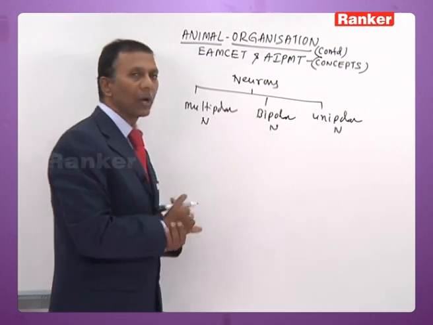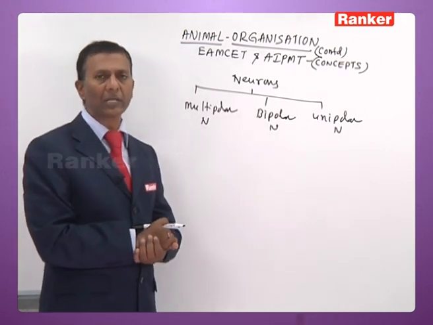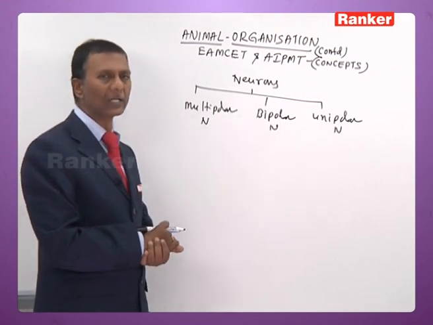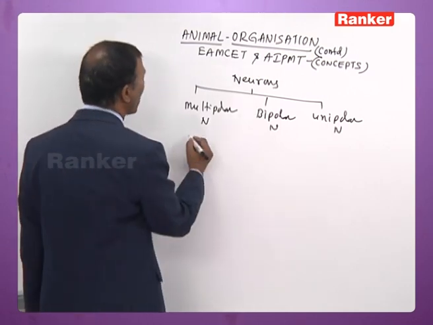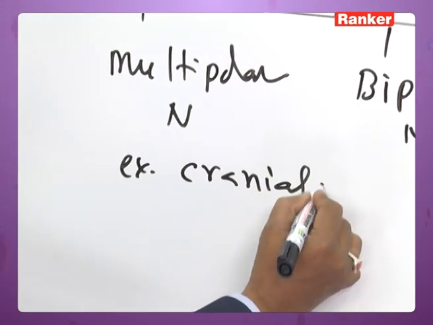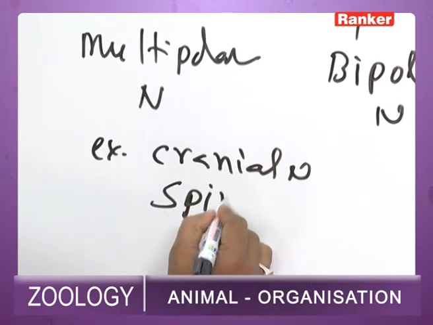Now, in multipolar neurons, the cyton gives rise to several dendrites and a single axon. Multipolar neurons are present in cranial nerves and spinal nerves.